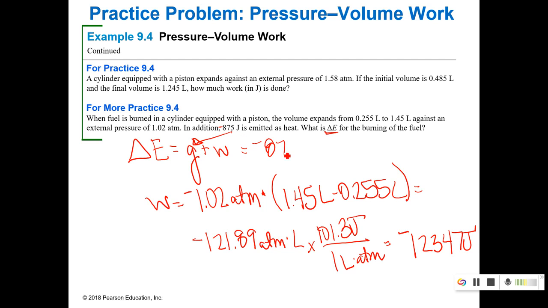So this is negative 875 joules plus negative 12,347 joules. I get negative 13,222, but I do need sig figs, so negative 13,200 joules would be my answer for that one.